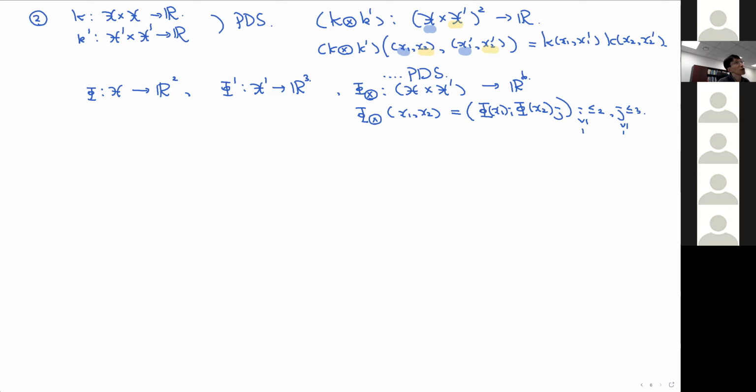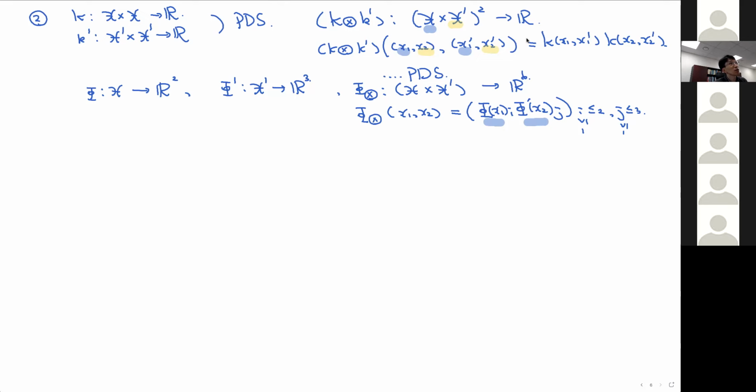Very much like how the features get constructed for the product, except that here psi and psi prime are not working on the same component of the input, they are working on different components of the input. When we write it like this, I think I used the notation maybe not quite right.